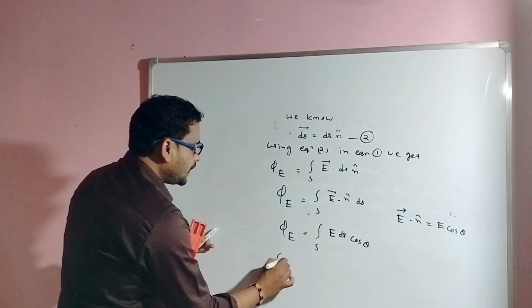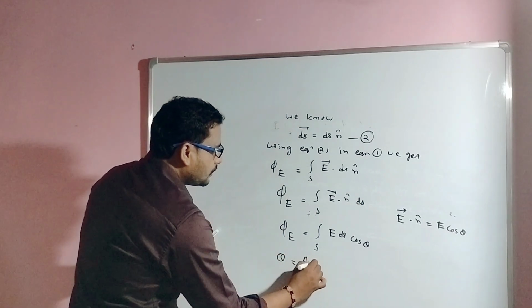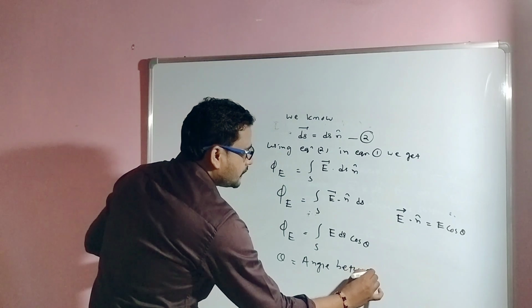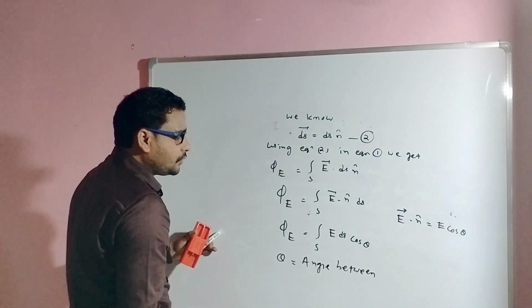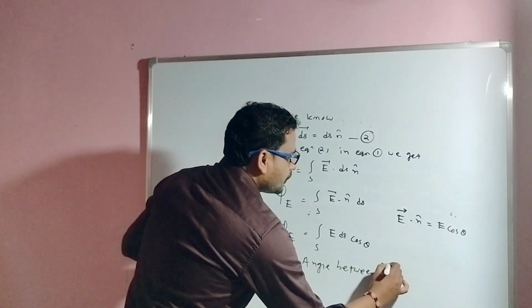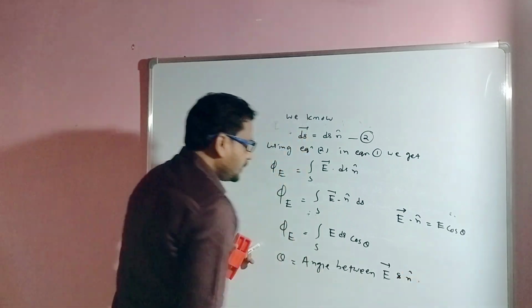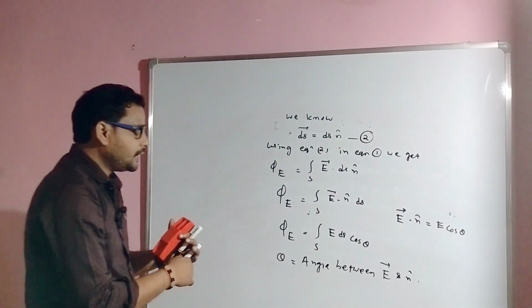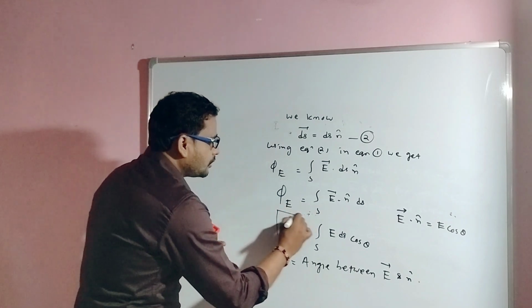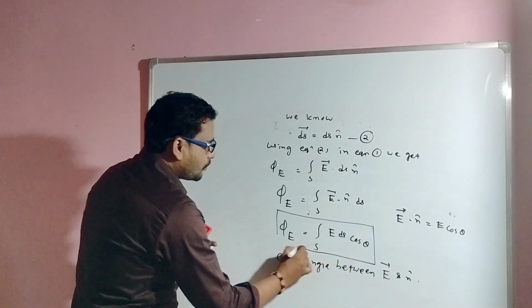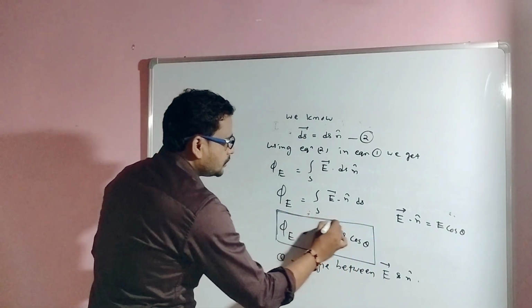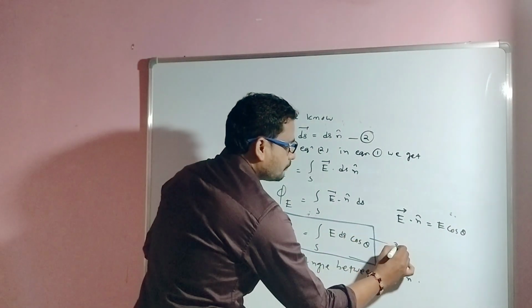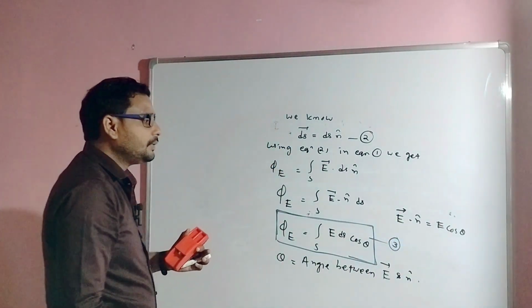Theta is the angle between E vector and n cap. Okay, this is the formula of electric flux. Give equation number 3.